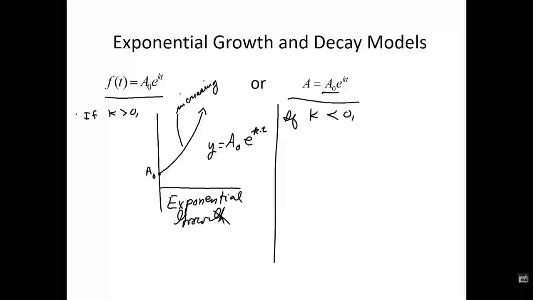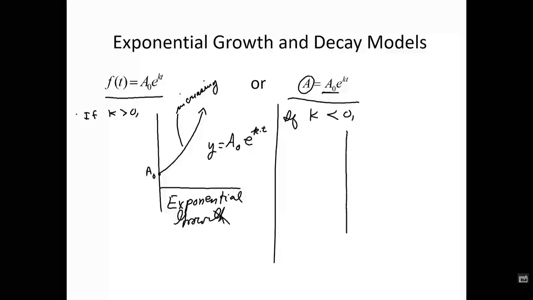Again, a sub 0 represents the original amount. A represents the amount at a given time t, and in this case, where k is less than 0, k is a constant representing the rate of decay, the decay rate.